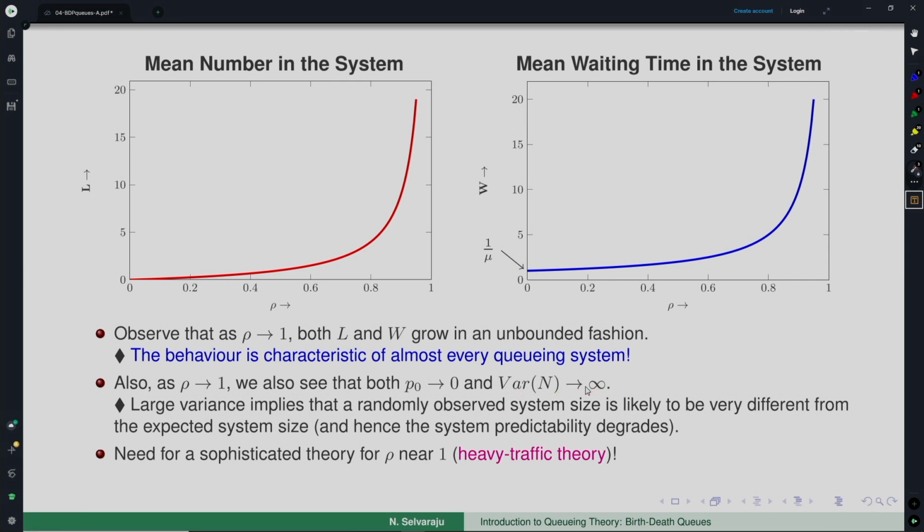If the variance is small, the expected system size is what you get to observe at a random point of time whenever you observe the system. If the variance is large, you will not be able to see the expected system size behavior, which you are giving here as an expression, most of the time.